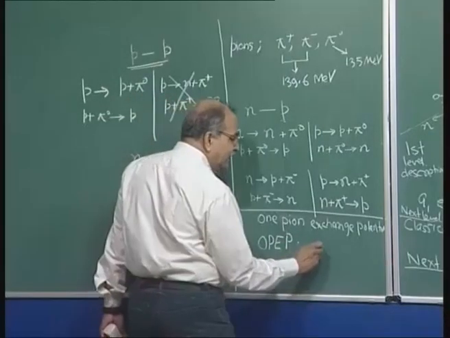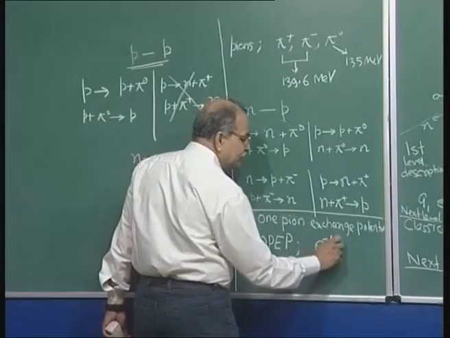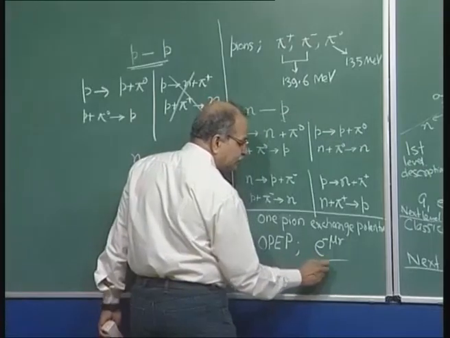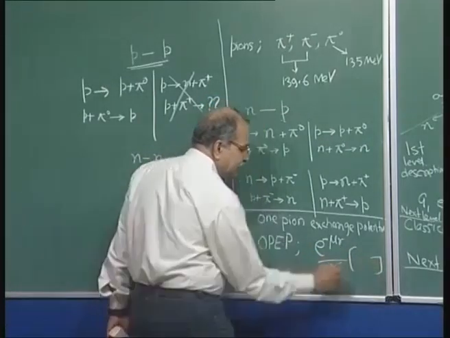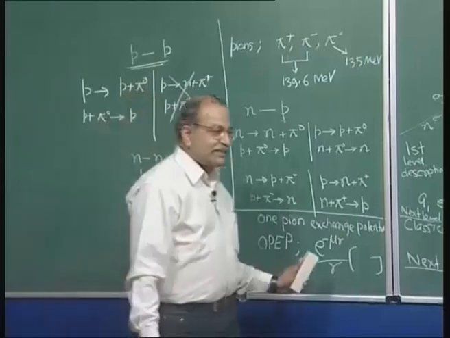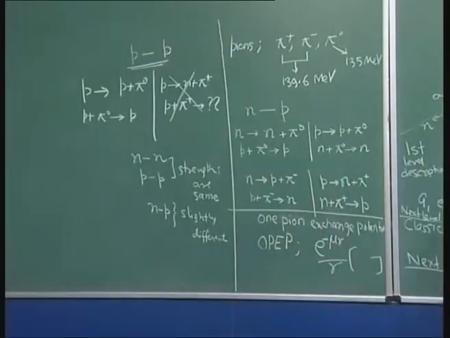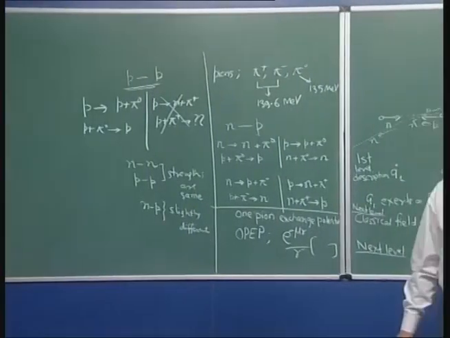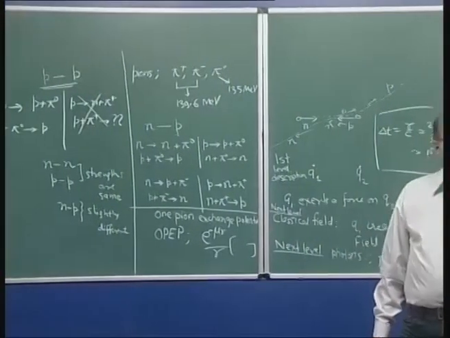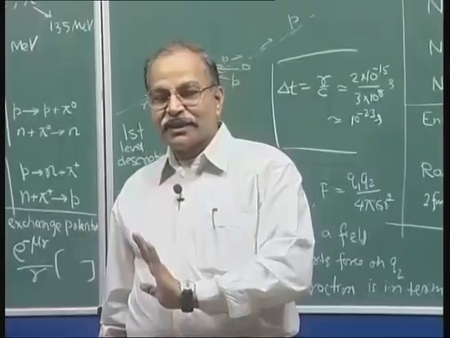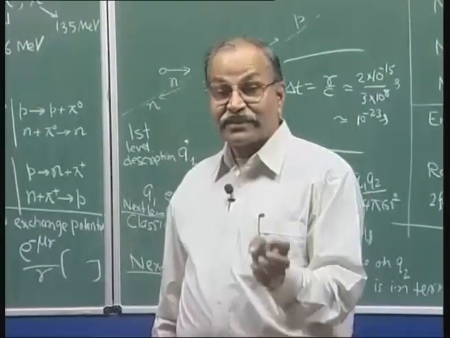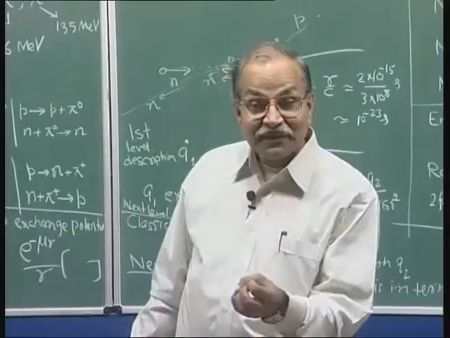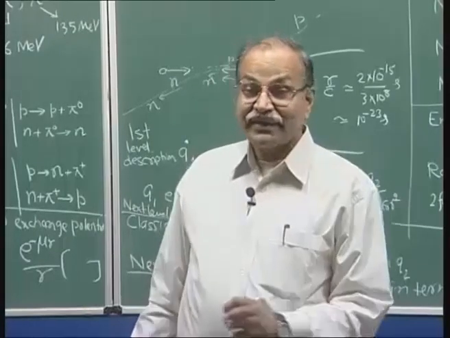The dominant part is e to the power minus mu r over r, and many more things, but the r dependence is dominated by this. You have spin part, you have non-central part, those things are put in, but the r dependent part comes out to be this exponential. So, there is a justification of the shape, it is coming because of this one pion exchange.